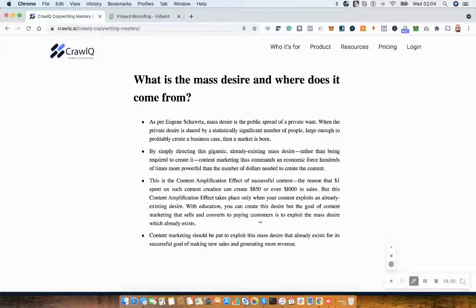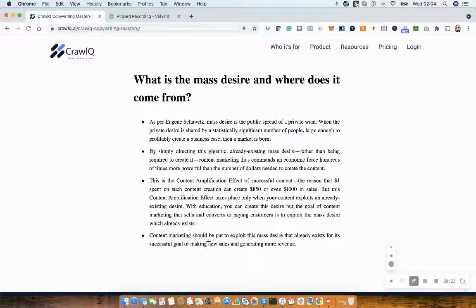That's the key. As a copywriter, if you want to exploit this mass desire, you have to really get into the dreams, desires, suspicions. So the whole market research process is all about exploiting the mass desire that already exists.